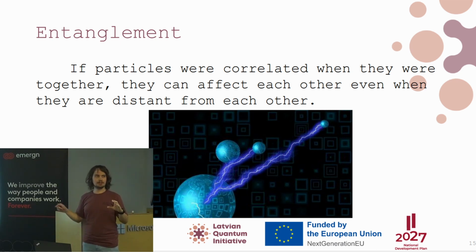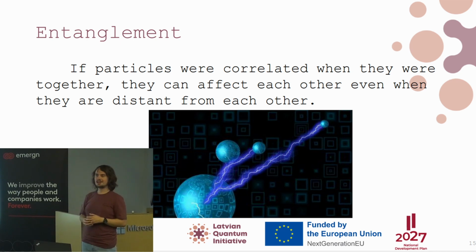If the party on one side measures the particle and obtains state 0 or state 1, the second party on the other end of the communication will observe the same state. So the first check will be random, it is either 0 or 1, but since the particles are affecting each other, the second particle will be in the exact same state.